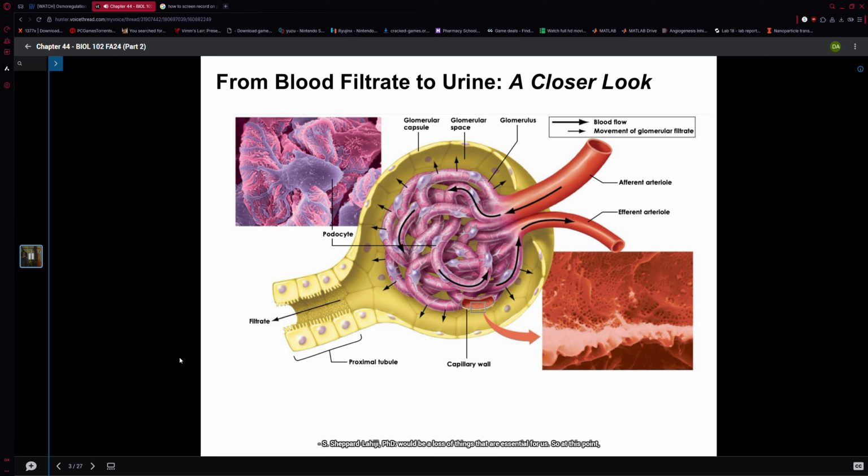Otherwise, there would be a loss of things that are essential for us. So at this point, we're generating filtrate. We have some level of selection, but it's based solely on size. We can't hold on to the things that we need, so the filtrate contains both the good and the bad. But from here, we'll work our way through the renal tubule, where some level of modification begins to take place.